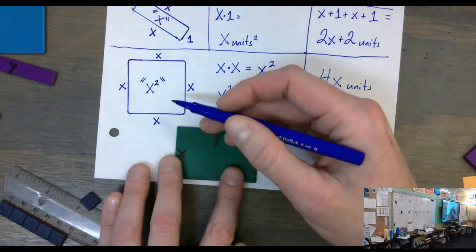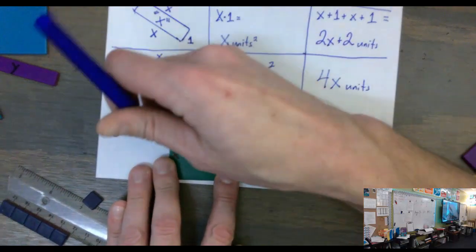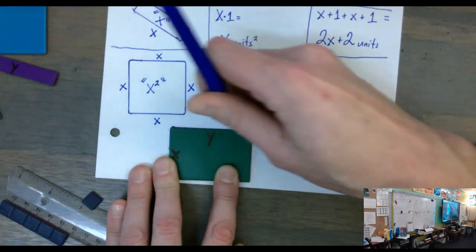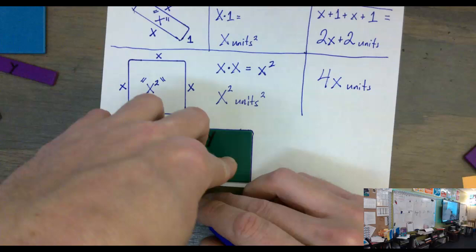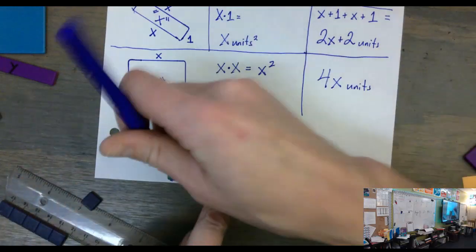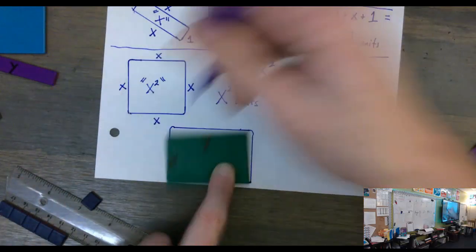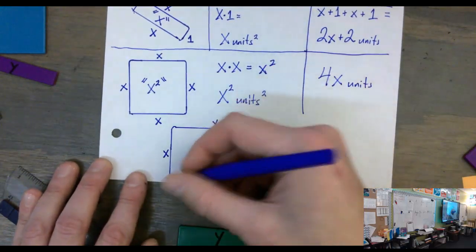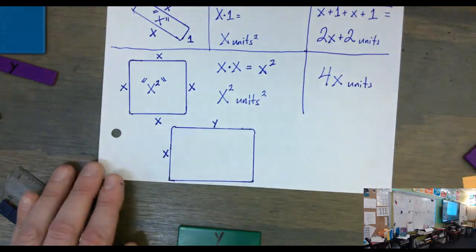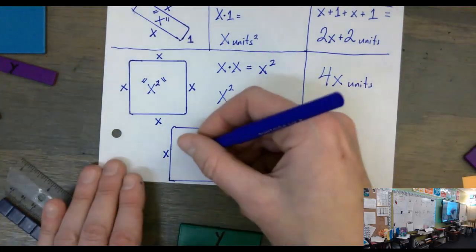I'm going to scooch this so it's not in the way. Guys, get another piece of paper if you need. So we said this was X, this was Y. What do you think we would call this tile? XY. The XY tile.